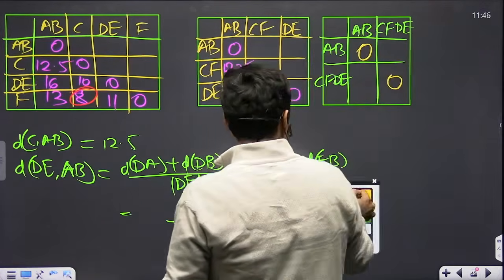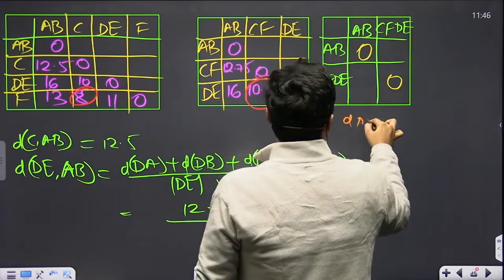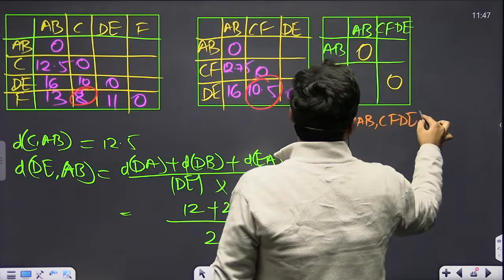Now the distance between AB and CFDE, how to calculate this?